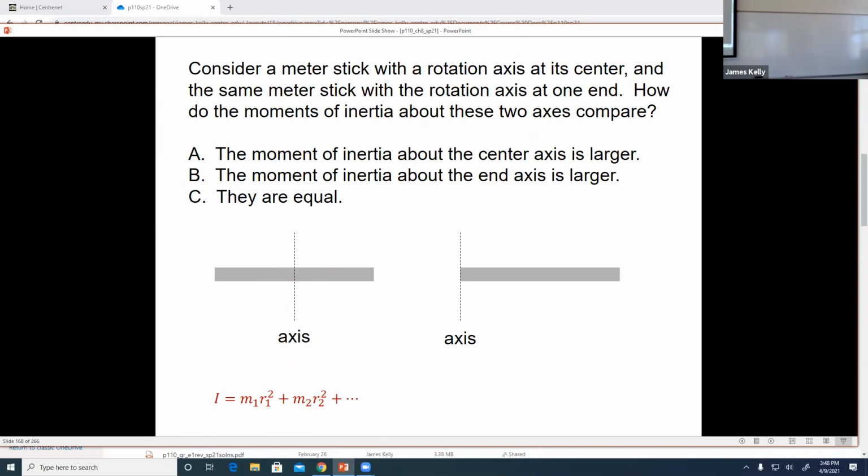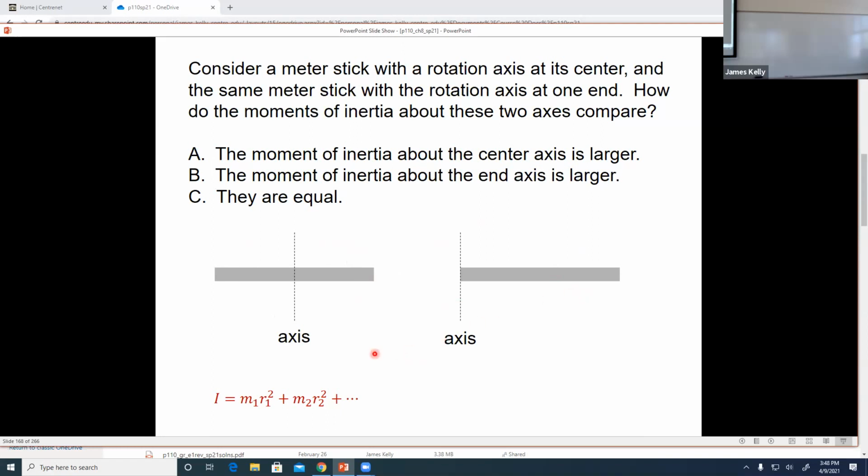How do the moments of inertia of the object about the axis compare? In other words, you may have some intuition about this. Is it going to be easier to get this rotating at a certain angular speed, or harder compared to what you have to do to get this one rotating at a certain angular speed?